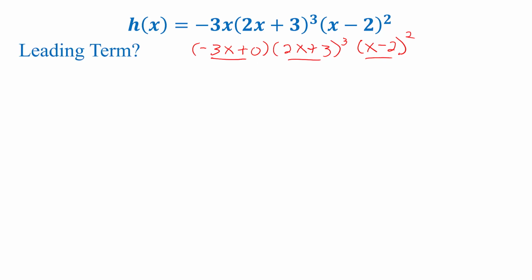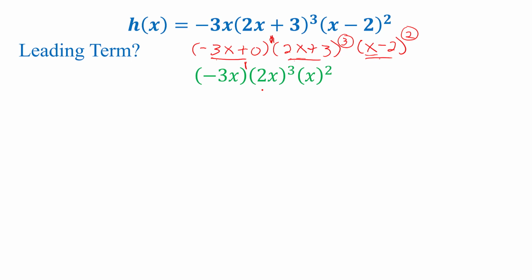So if I want to find the leading term here, I can take the highest power term in each of these three binomials and raise it to the corresponding exponent on that binomial. So we would have negative 3x raised to the power of 1, (2x) cubed, and x squared.